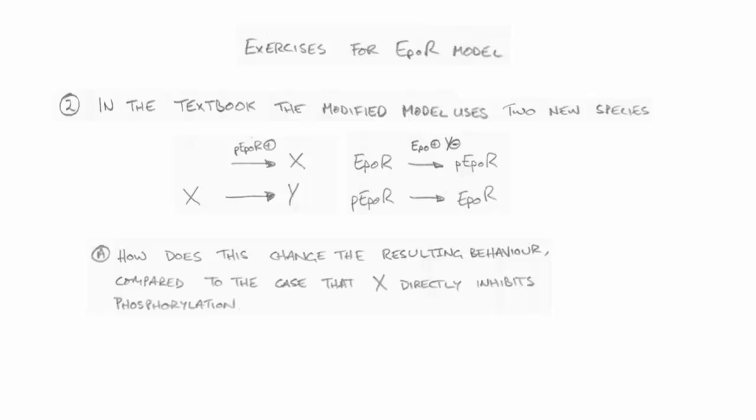So the question I have is, A, how does that change the behaviour of the system compared to the case where X is the inhibitor? And B, try and explain, with reasons, which model you think is best to match the experimental data, and why, and maybe what information you might need to decide between the two models, whether it's further experiment or further research in literature.